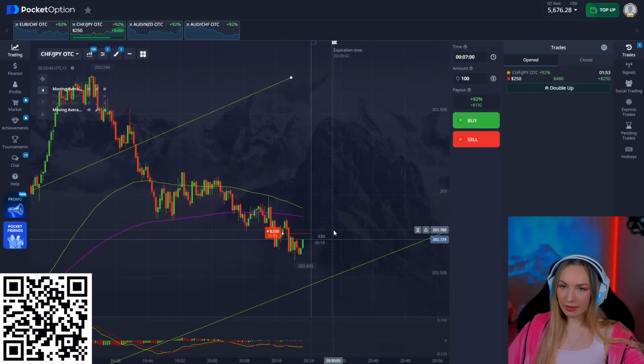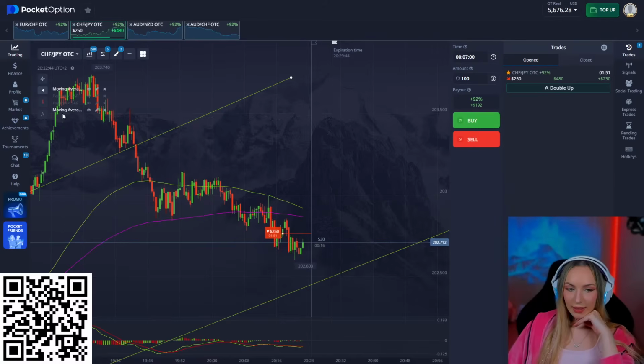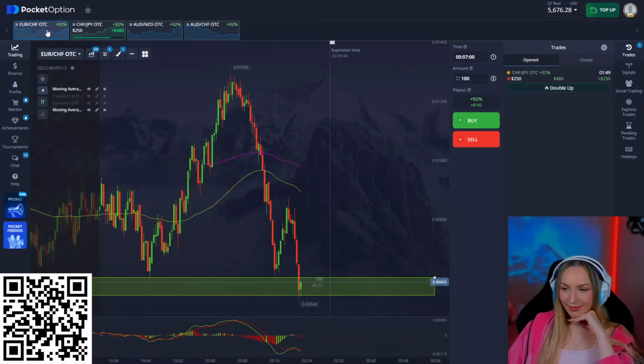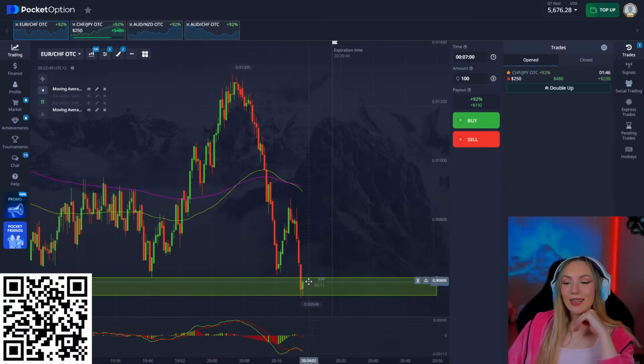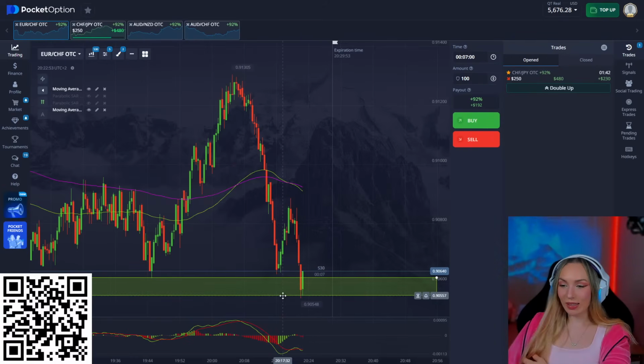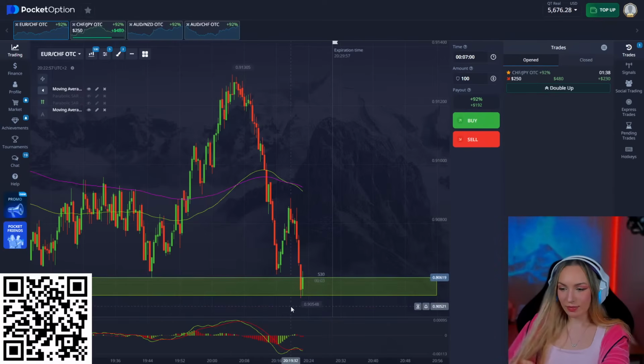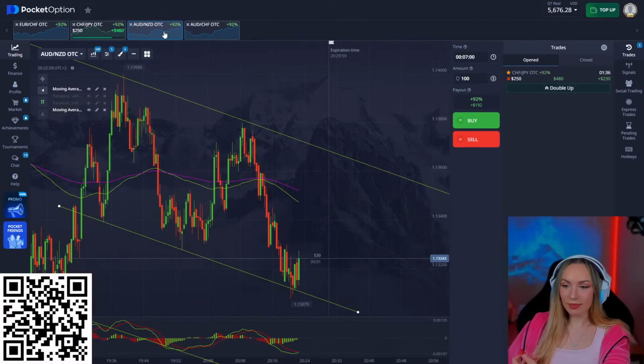Look, it didn't break the support zone that I drew here, so there is still a chance that it will go up. Oh, and this one looks right from my support.